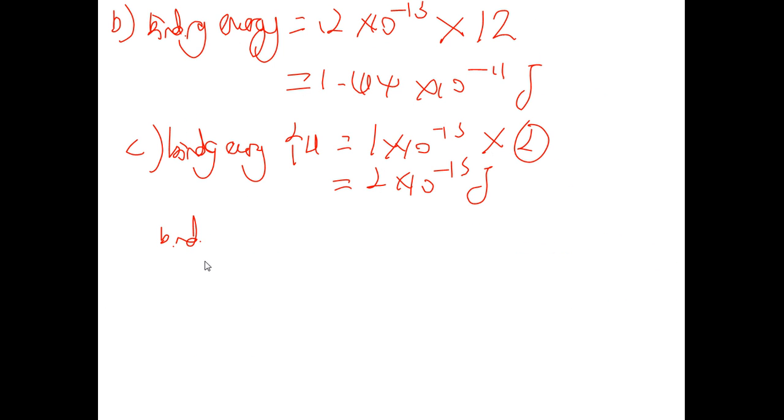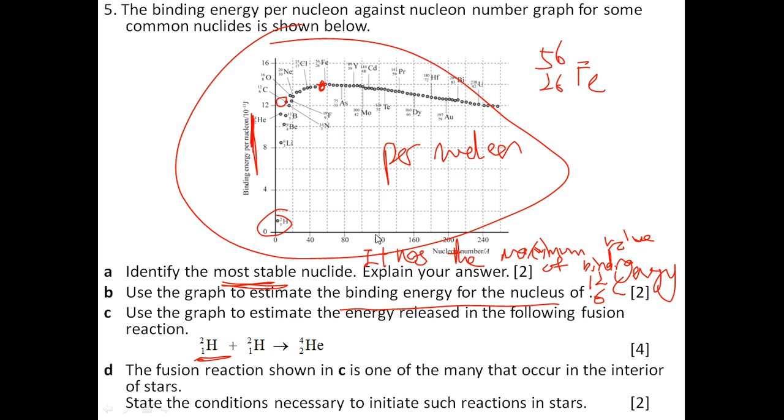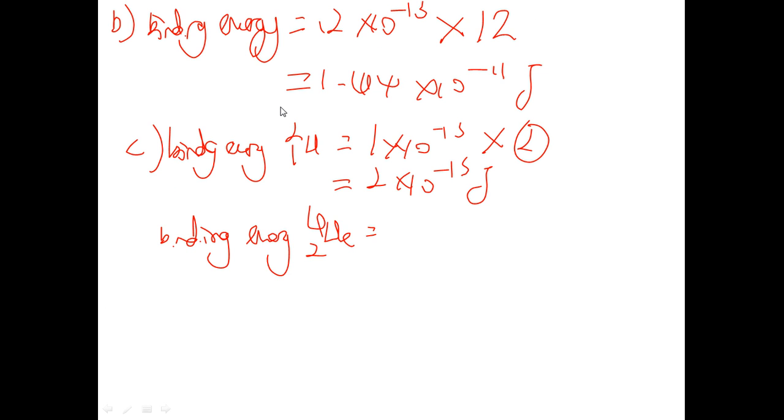Now I have to find the binding energy of helium, because I need to calculate this process to know the energy released in this whole equation. Helium is hidden somewhere here. It's roughly around 11.